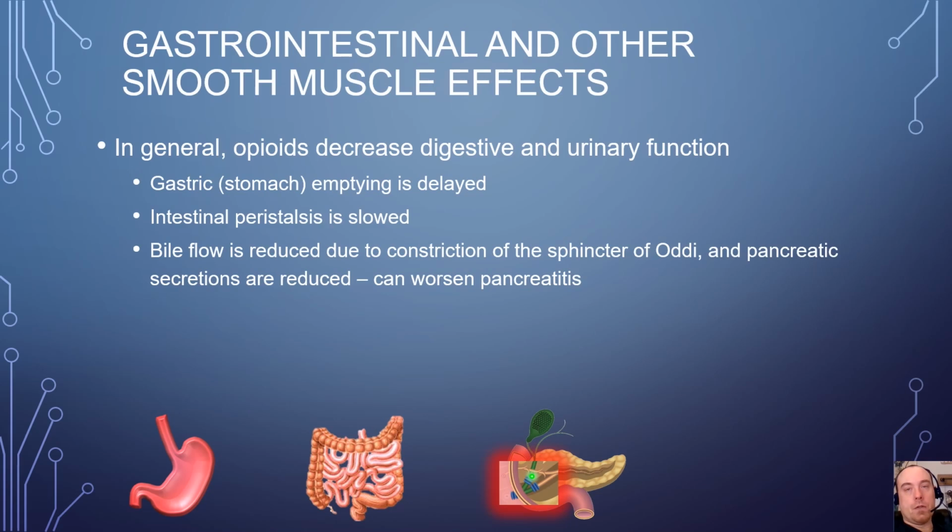Those secretions and the secretions from the pancreas, which is all your digestive enzymes and things, come together at the sphincter of Oddi, and if that is constricted, first of all, the bile will back up, pancreatic fluid will back up, and you won't get as much digestion because you're not getting these substances into the duodenum in the small intestine. But you could also cause pancreatitis due to backing up of this pancreatic fluid, so pancreatic inflammation.